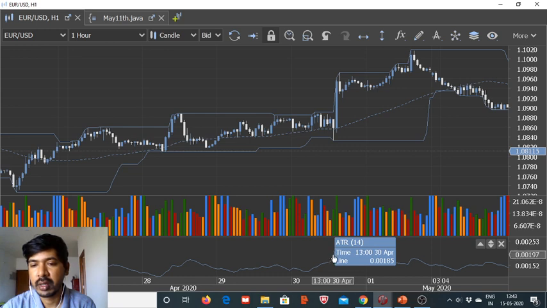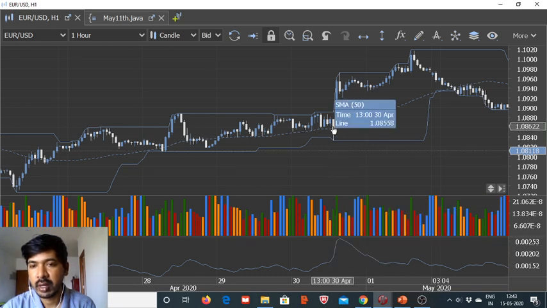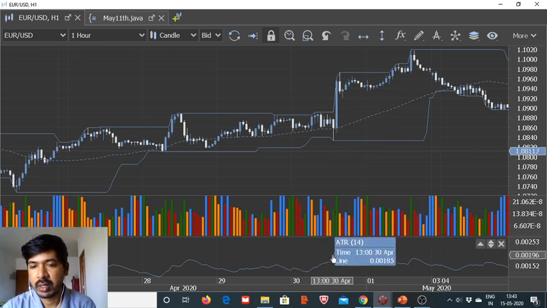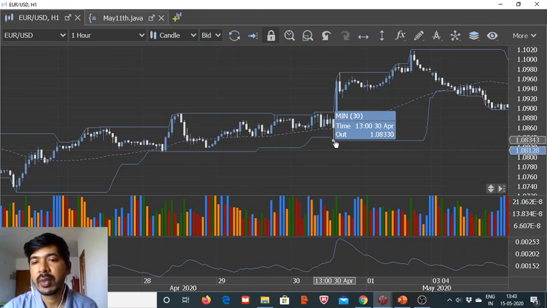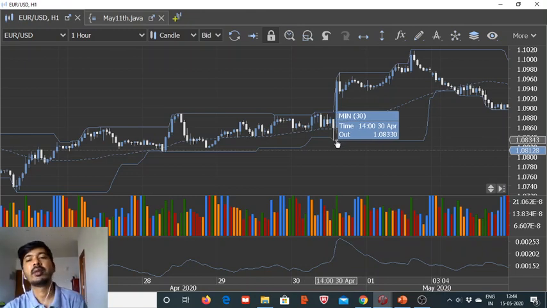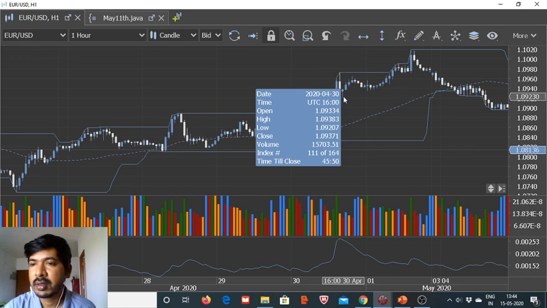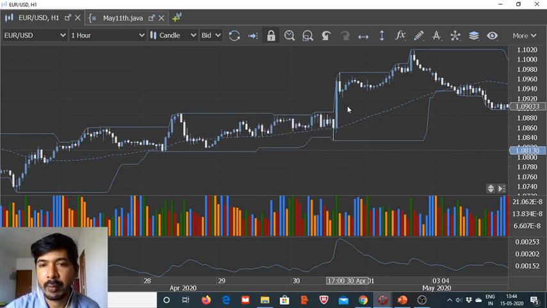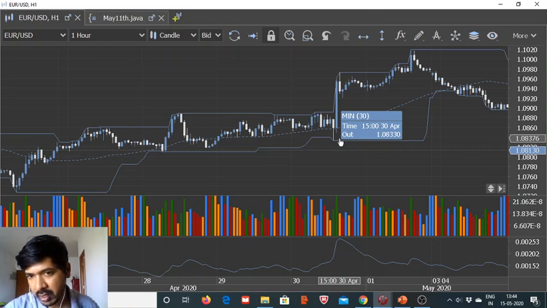So here the ATR condition is at 13 GMT, the ATR is 18.5 pips, so the order will be placed by adding 9 pips to this. So the order will come around 1.0841, and that price is never reached in the next 2 hours. So no trading will happen, but here the condition is there.